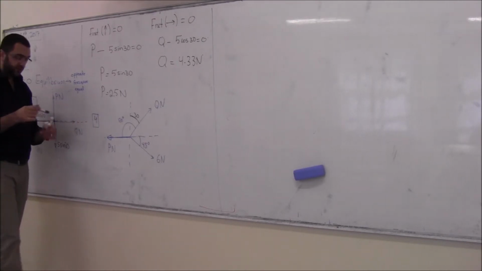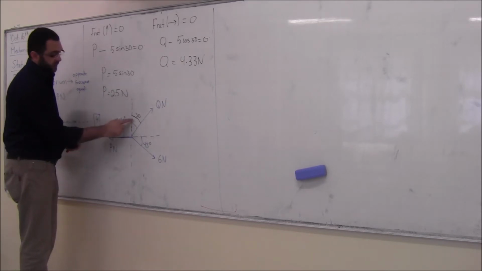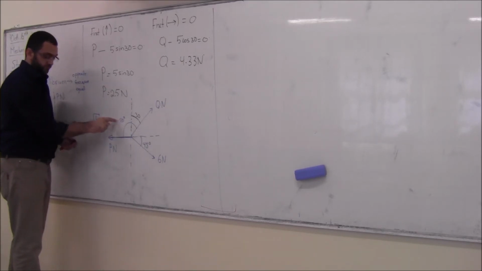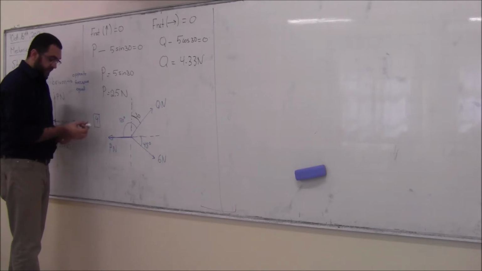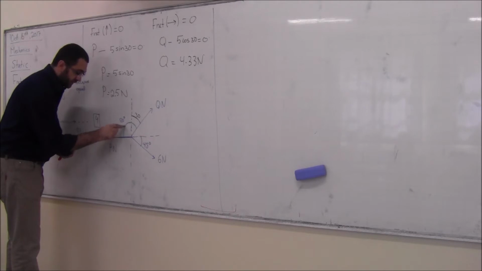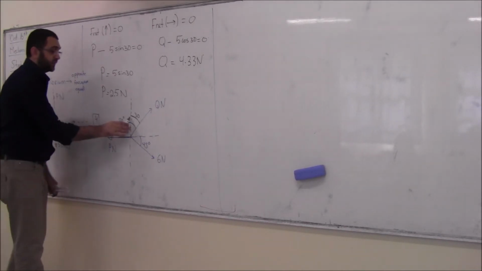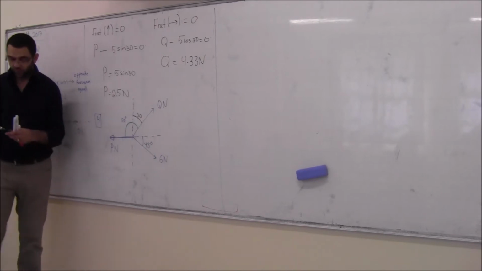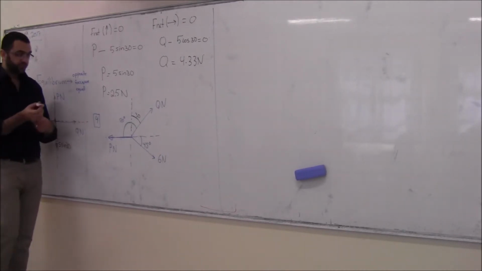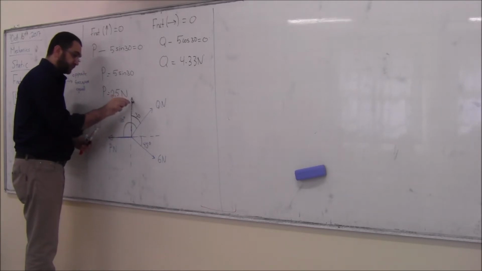This is 30, right? Because the whole angle is 120. I need the angle either with the x-axis or the y-axis. So it becomes 30. So what is the resolving component here?